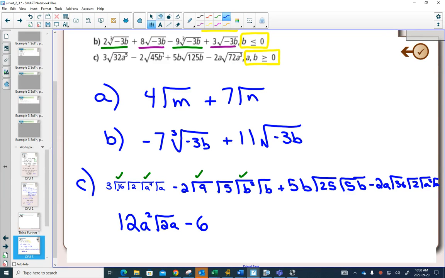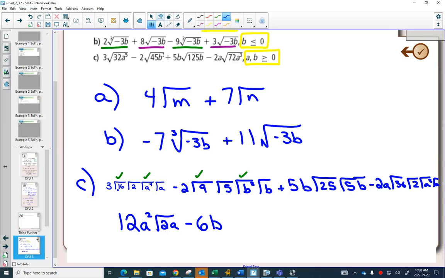The square root of b squared is the absolute value of b. However, in this question, you can just write b because we already know that b is positive from the restricted domain or from the where it's defined. So normally when you do the square root of b squared, you get the absolute value of b.